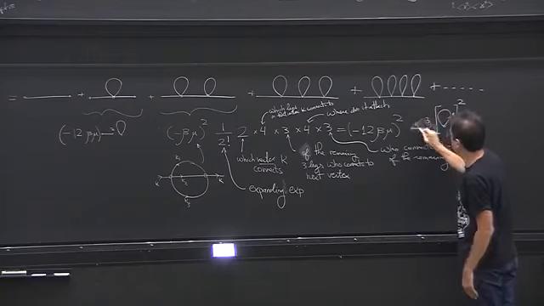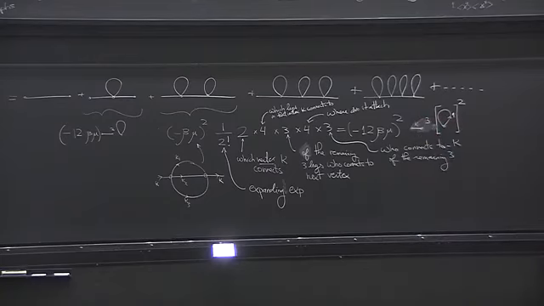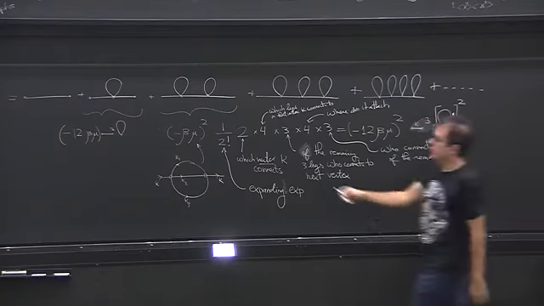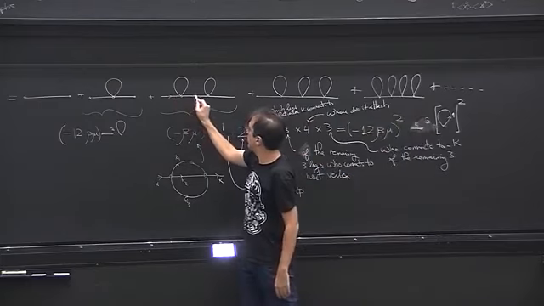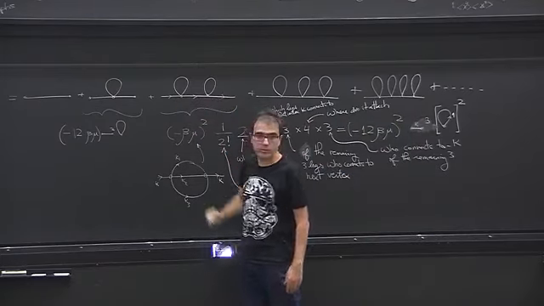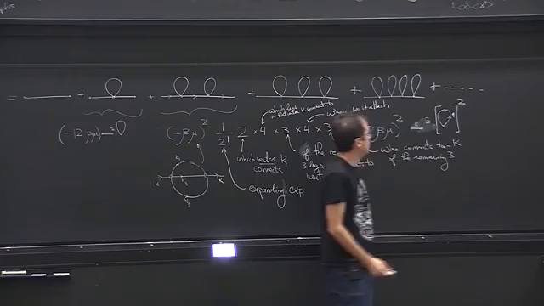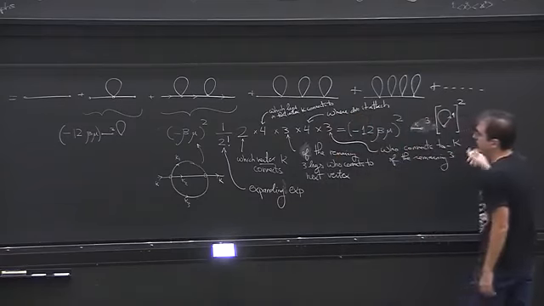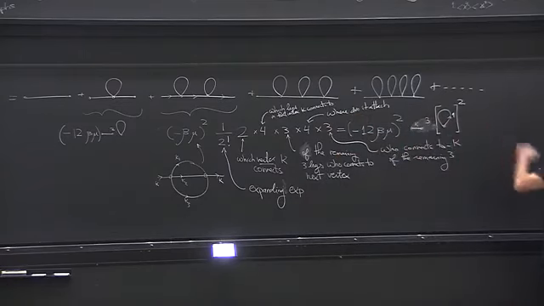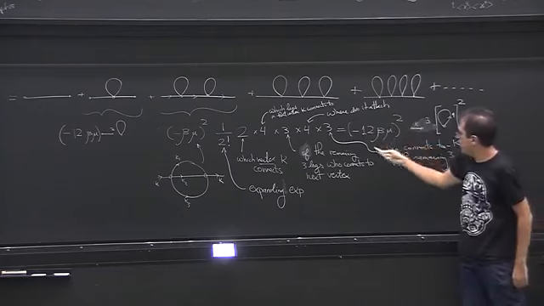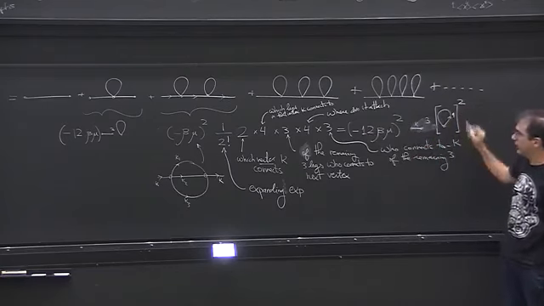Three propagators and 2 bubbles, right? 1 propagator, 2 propagators, 3 propagators, and 2 bubbles. And then it's easy to see that each term is just going to be this power, and then I increase these powers by 1.